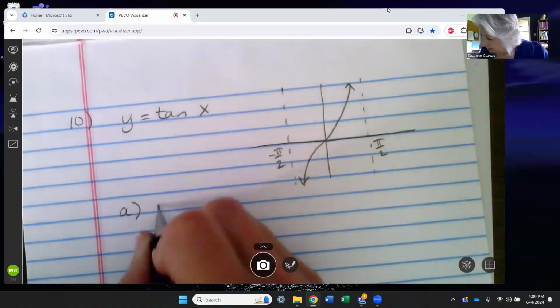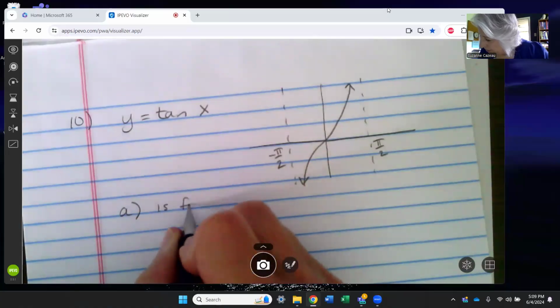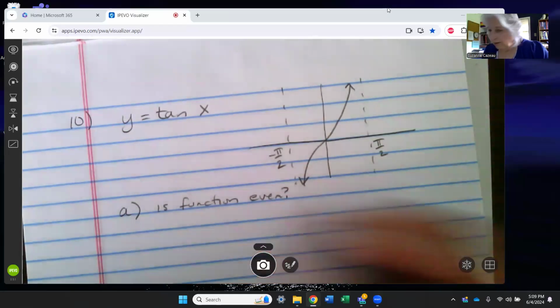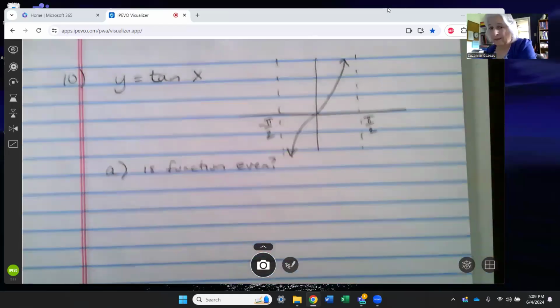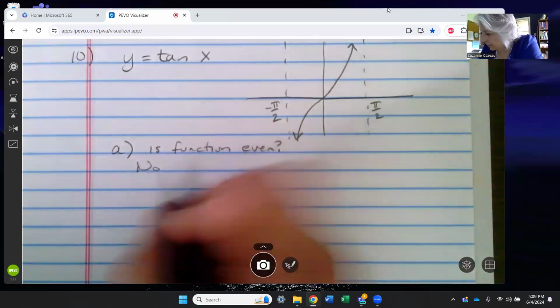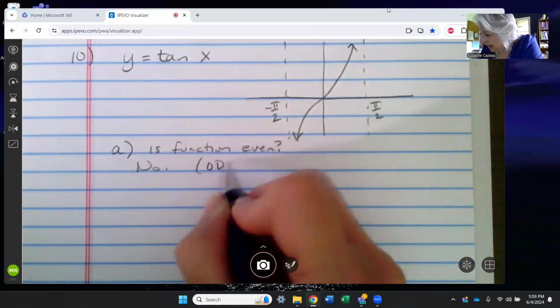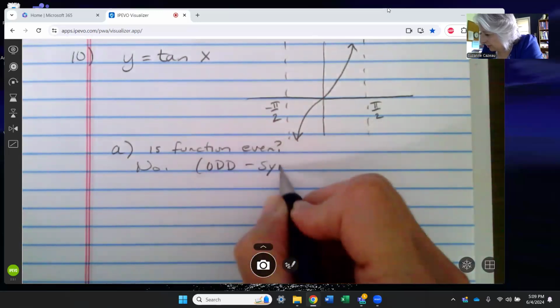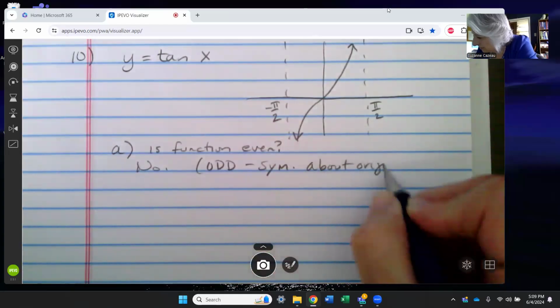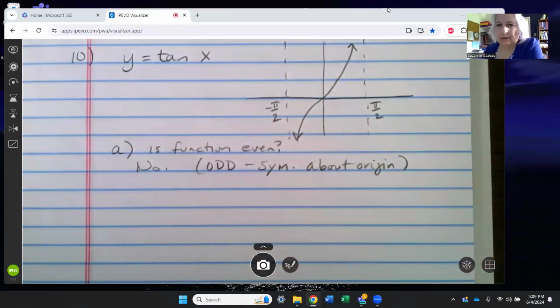So A, is the function even? And the answer is no. It's actually odd. It's odd because it's symmetric about the origin. If it was even, then it would be symmetric about the y-axis.